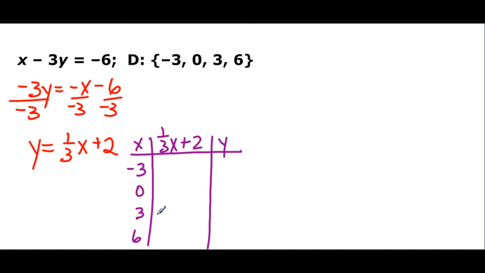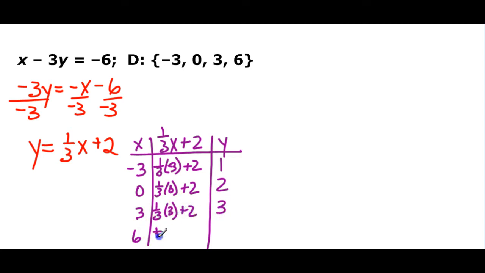So when I substitute in there and start working, I get 1/3 times negative 3, which is negative 1, plus 2, which is 1. I get 1/3 times 0, which is 0, plus 2, which is 2. I get 1/3 times 3, which is 1, plus 2, which gives me 3.